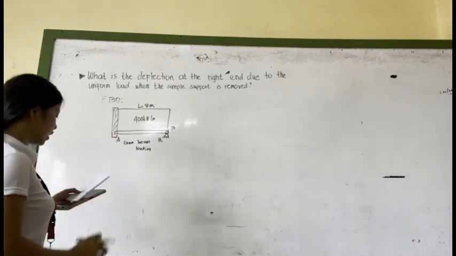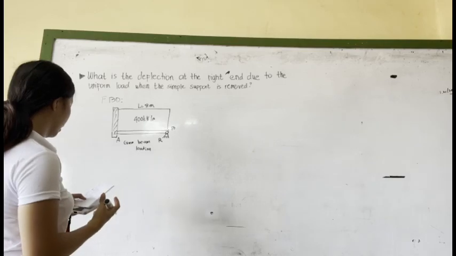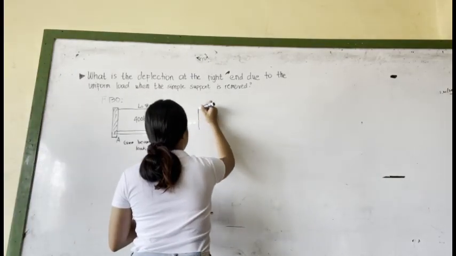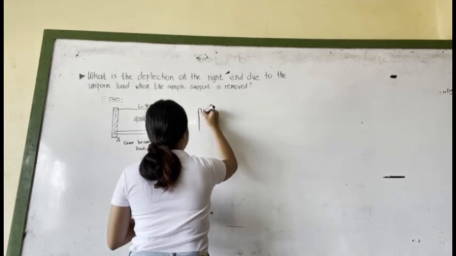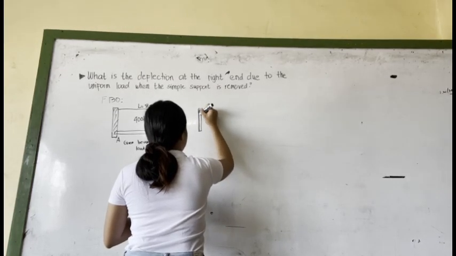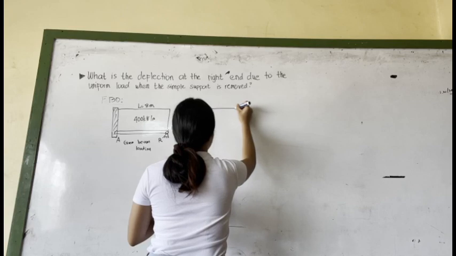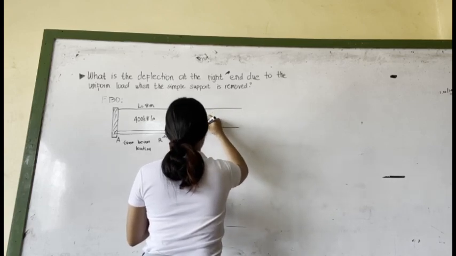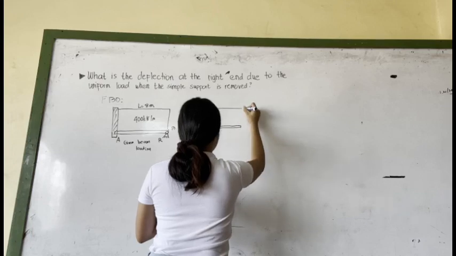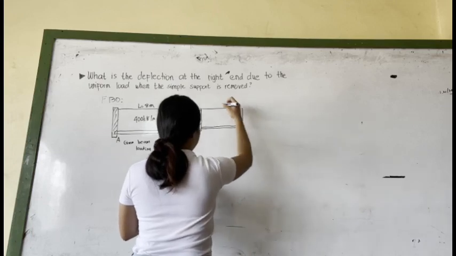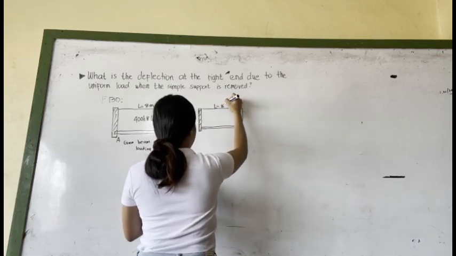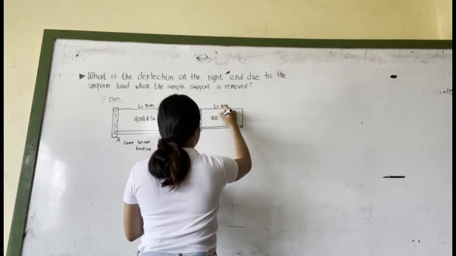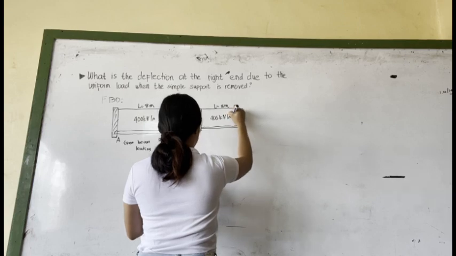So when the deflection at B in a simple support is removed, our prismatic diagram will become like this. So we also have a length of 8 meters and a load of 400 kilonewton per meter.